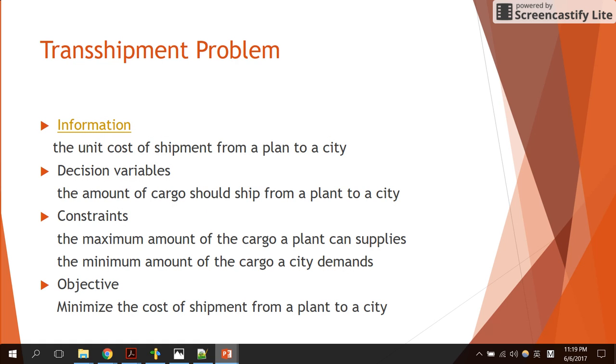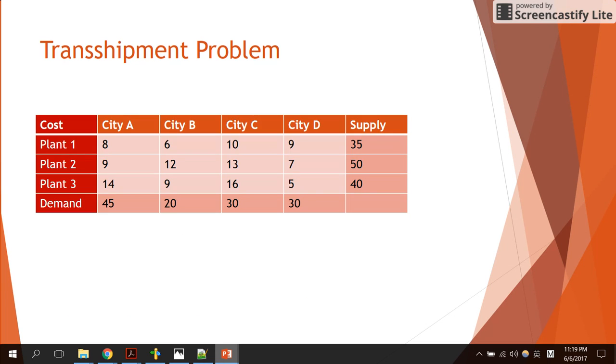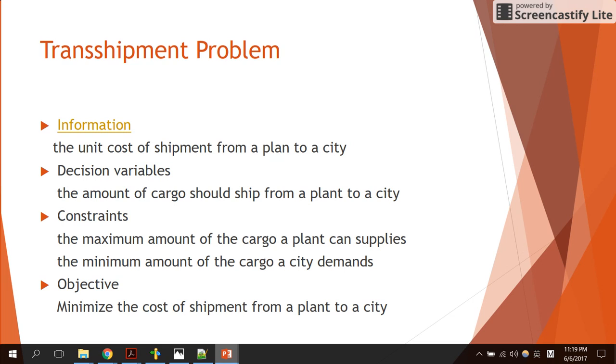Next, let's see the transshipment problem. This problem is similar to the assignment problem. We know a company owns three plants. Each of them has a maximum amount of production, and four cities demand the product from the company.